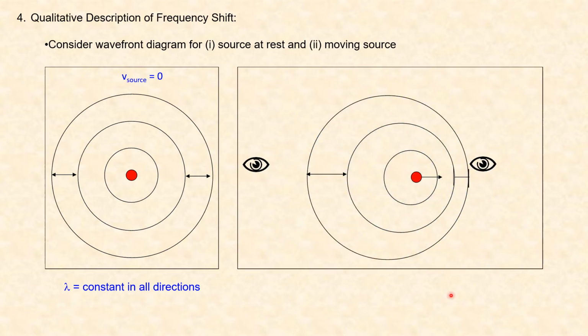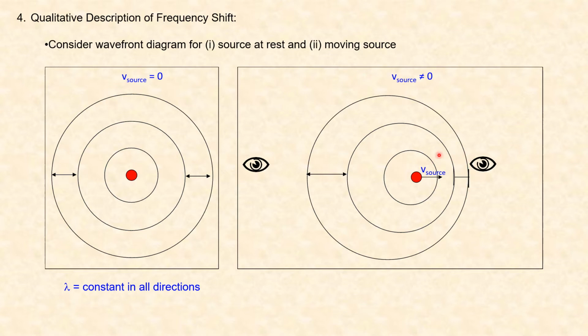But now let's take a look at what happens in the picture on the right when the source of the wave is actually in motion. Here, this little sound emitting oscillator is now moving to the right. As we said in the previous slide, as that source moves to the right, the region in front of the source is in a sense catching up to the waves that it has just emitted.